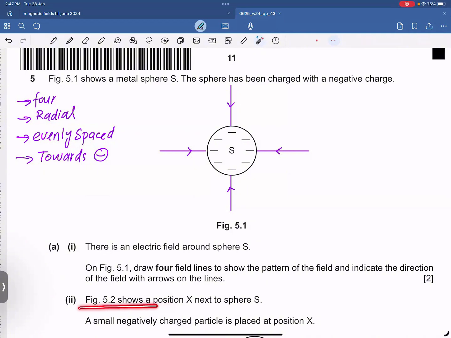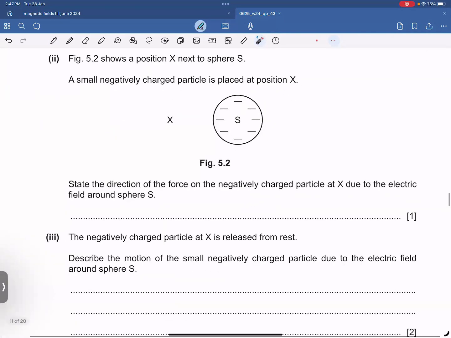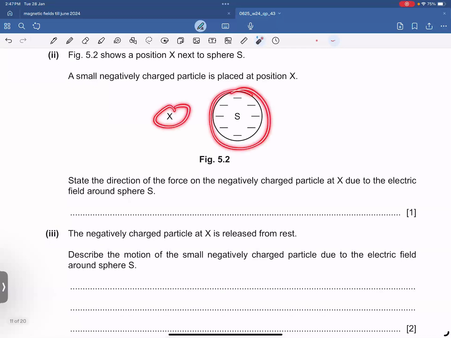Figure 5.2 shows position X next to sphere S. So there is X, this is the sphere S. A small negatively charged particle is placed here. So look, my dear students, this is also negative, and the sphere is already negative, as you all know.